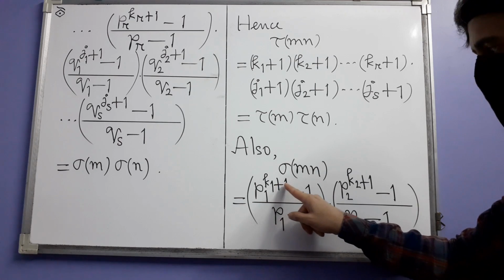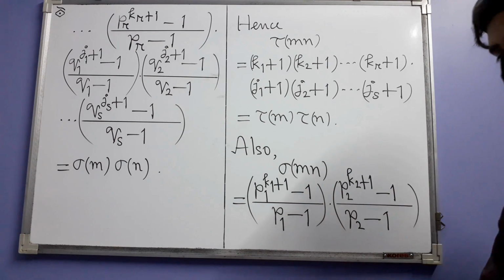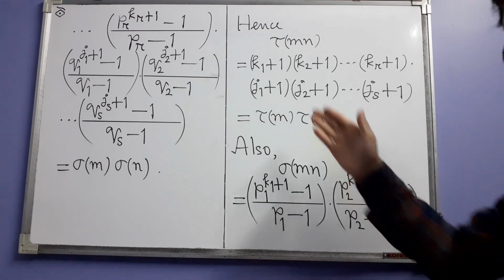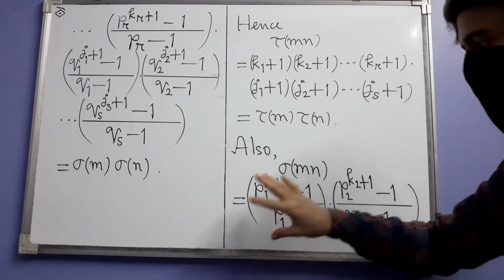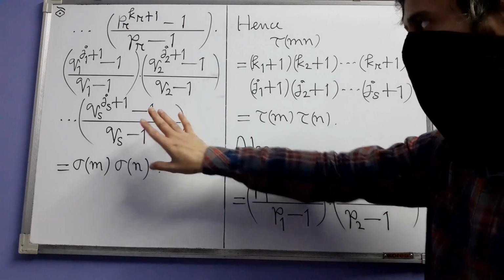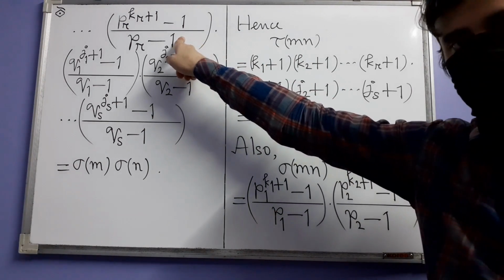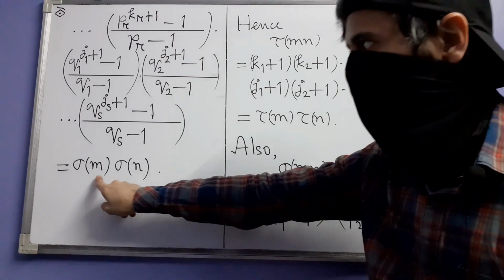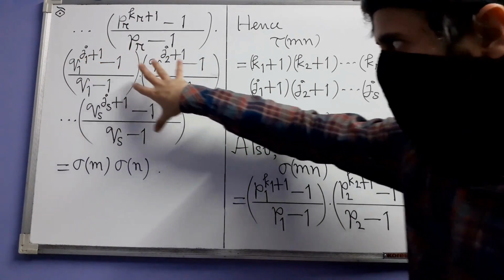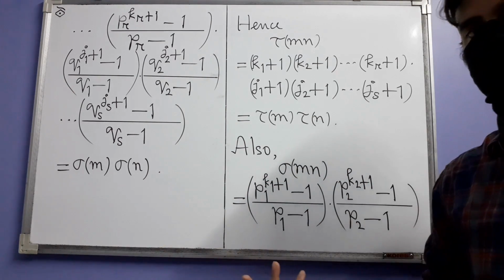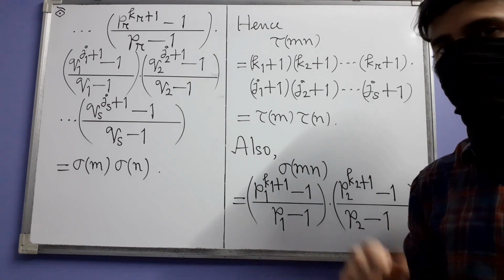So (p1 to the power k1 plus 1, minus 1) divided by (p1 minus 1), and similarly the other factors involving the other primes. And in this entire product, if you only consider the first r factors, that is sigma of m, and the remaining factors give you sigma of n. So that's how we have proved that sigma and tau are multiplicative.